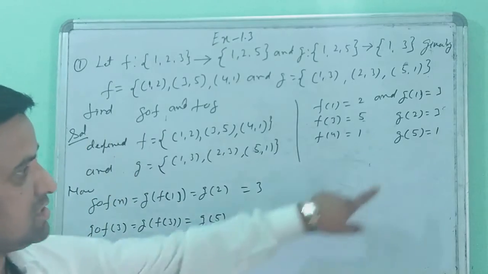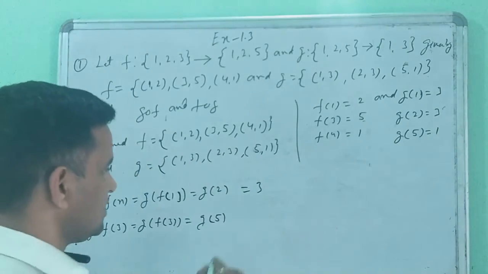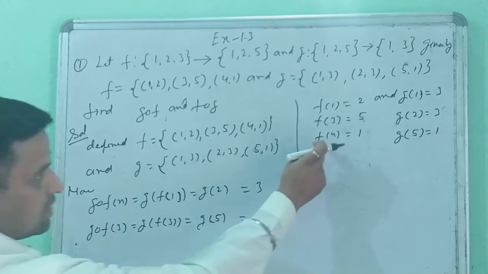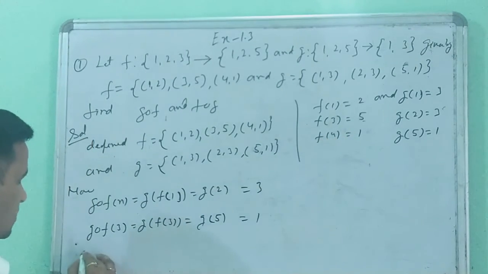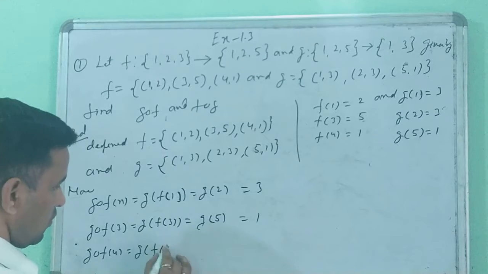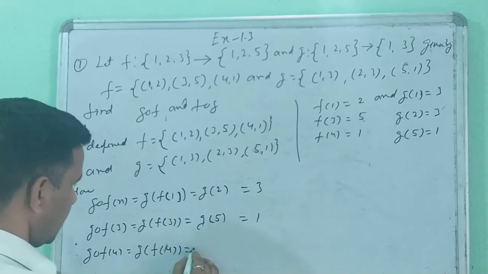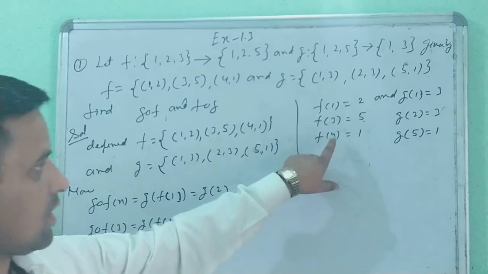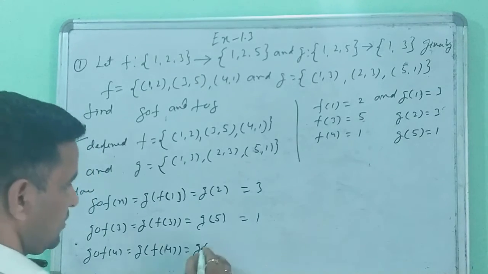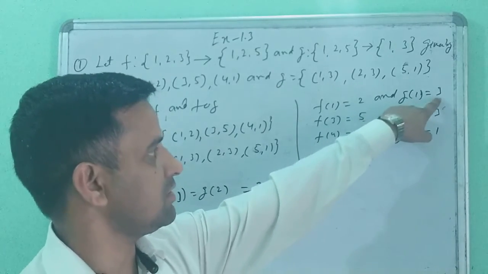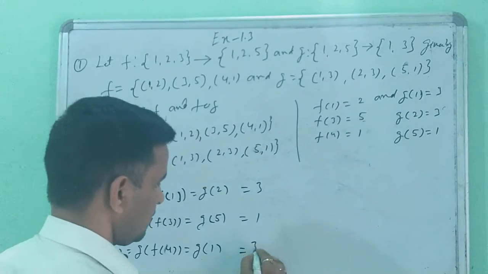And what is the value of g(5)? The g(5) relation is 1. Next, last is f(4). So you will write gof(4), meaning g of f(4). The value of the f(4) function is 1. So g(1). And what is the value of g(1)? Look, g(1) is 3. So it equals 3.